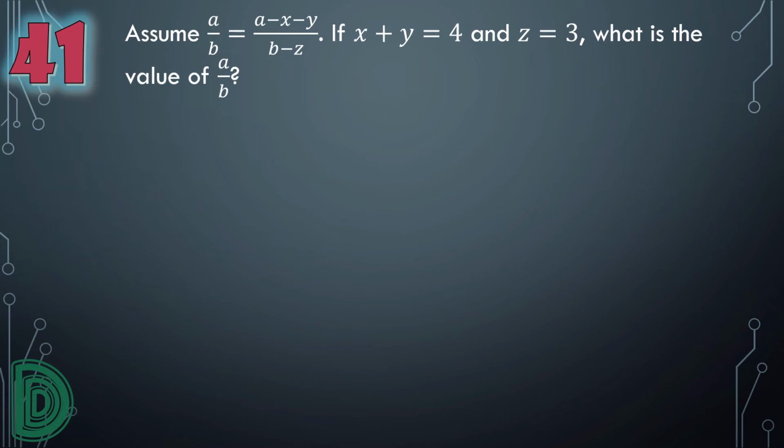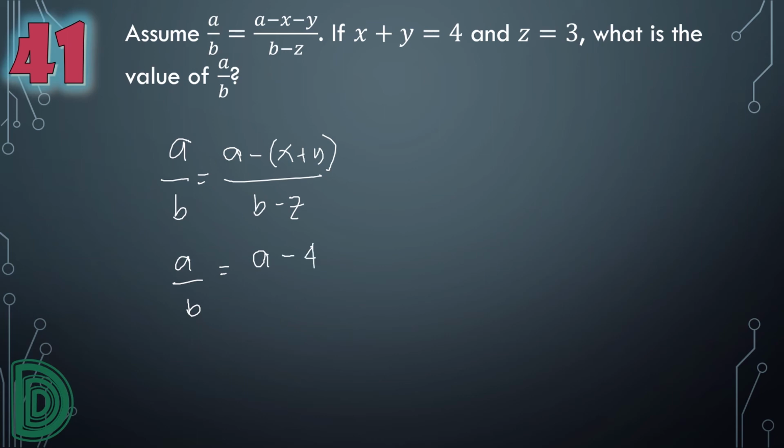If we rewrite the given equation, we will have a over b is equal to (a minus x plus y) over (b minus z). And if we substitute the given, we will have a over b is equal to (a minus 4, because x plus y is equal to 4) over (b minus 3, because z is equal to 3).